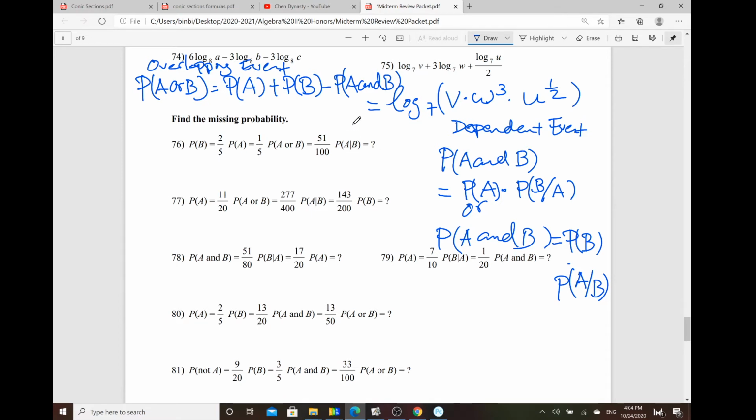So in order to get this, we need to use the dependent event probability formula.